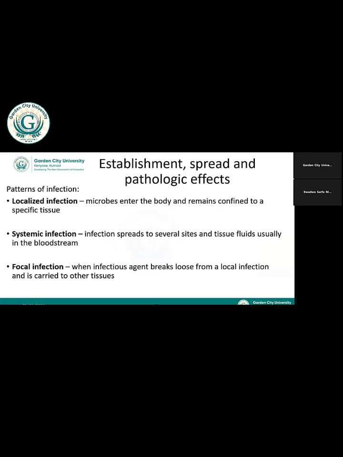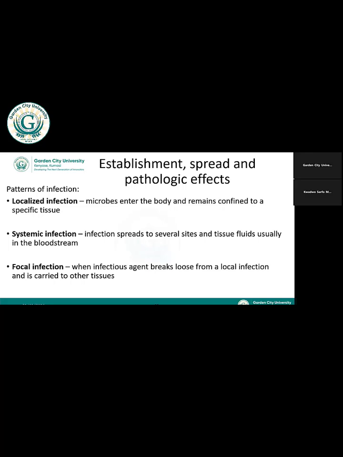So when it comes to the establishment and spread of these infectious agents, they could be confined to a particular tissue or organ. And this is termed as localized infection. Sometimes you can have the infection spreading to several sites, several tissues, several organs.